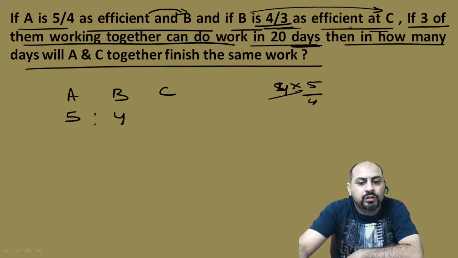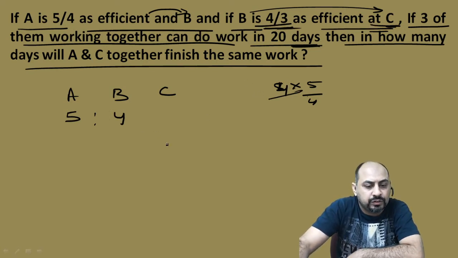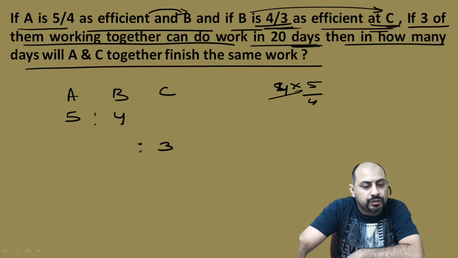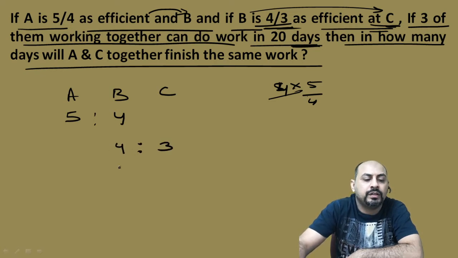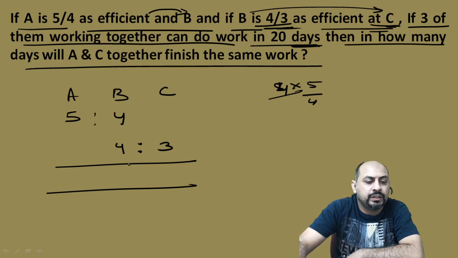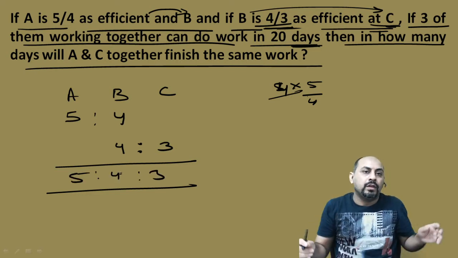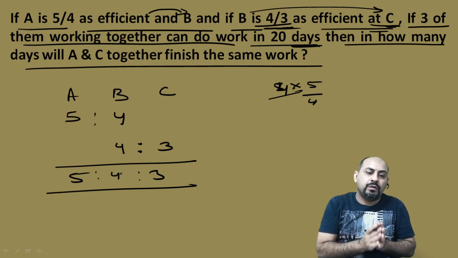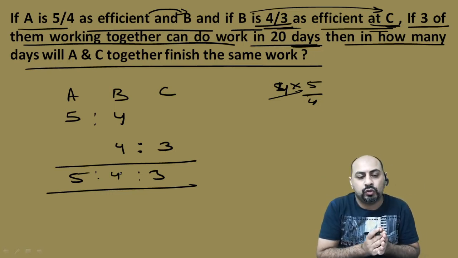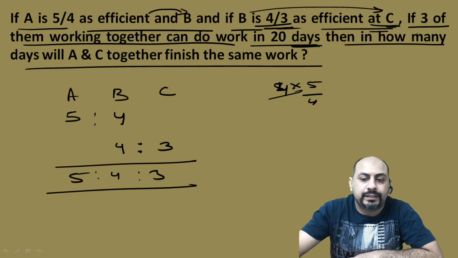And B is 4/3 as efficient as C. So if C is 3 units, B will be 4 units. So the ratio comes out to be 5:4:3. So the ratio of their efficiencies now is 5:4:3. What next?